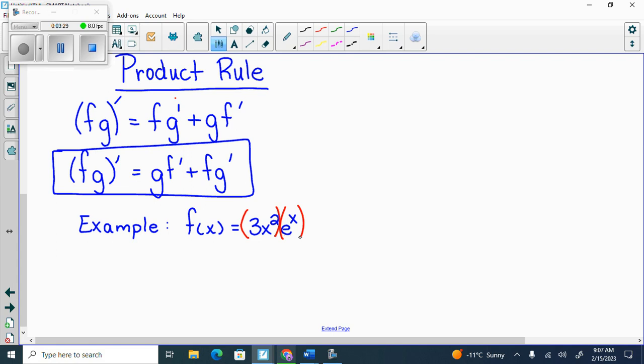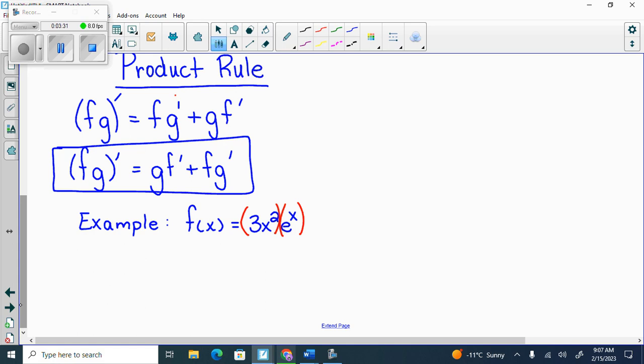Okay? So the first thing I do, if it's me, and I'm doing this, I say, okay, this is f, this is g. Does it matter if I swap them? No, it doesn't for product rule. It does for quotient because one's in the numerator, one's in the denominator. Then off to the side, I write out my derivative.